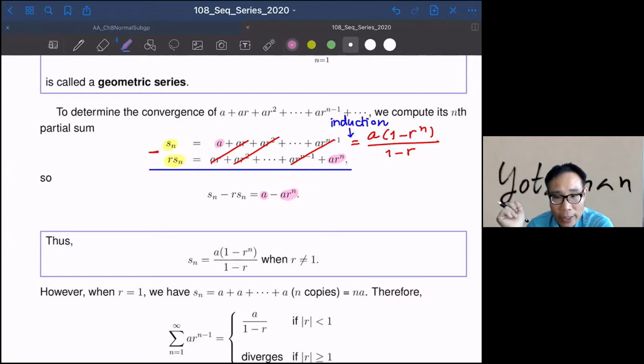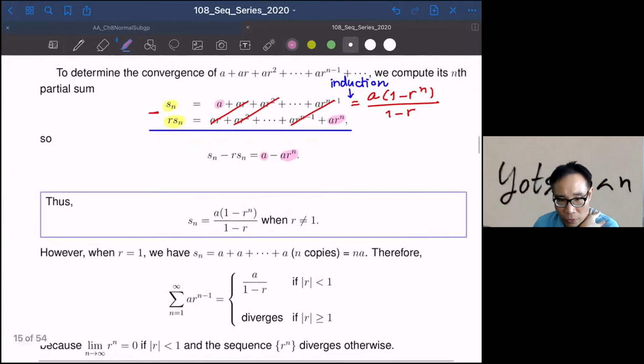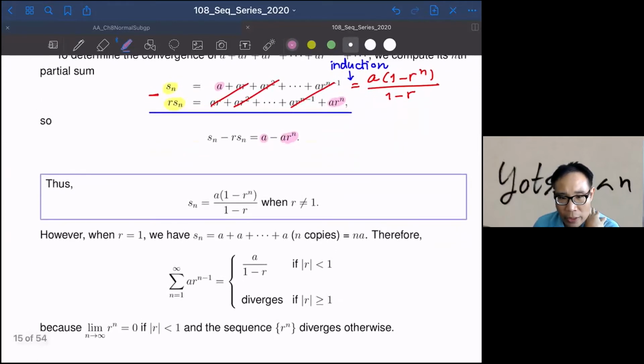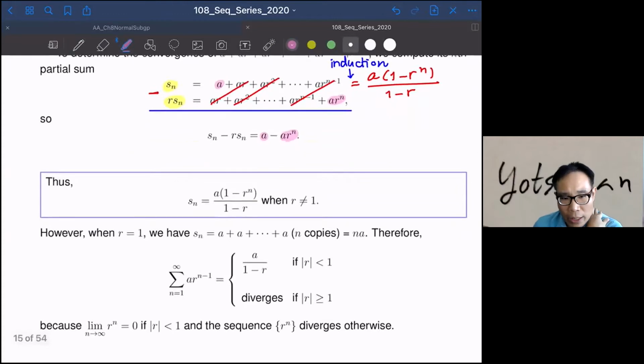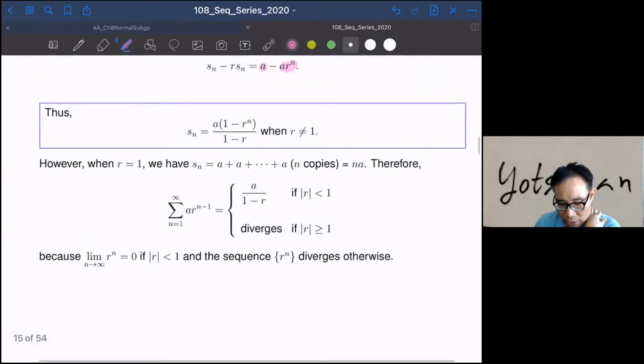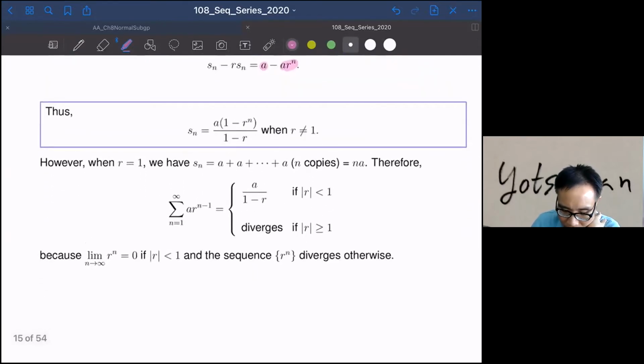So you have Sn equal to A times 1 minus R to the n over 1 minus R when R is not equal to 1. However, when R equals 1, Sn turns out to be equal to n times A, so it's A plus A, n copies.